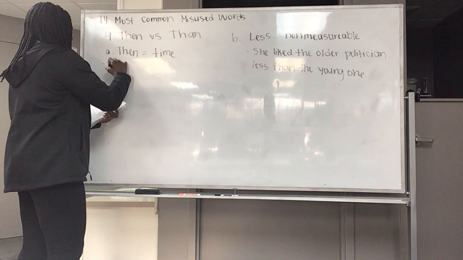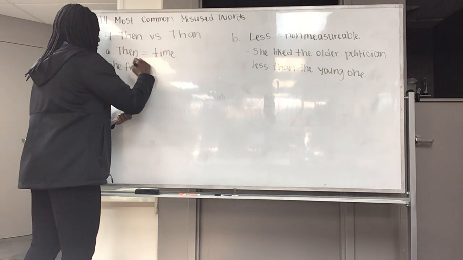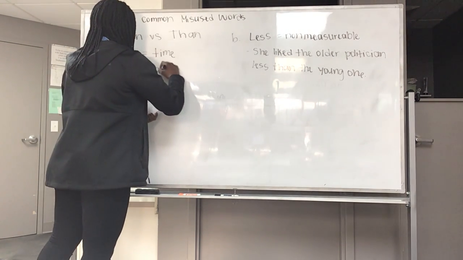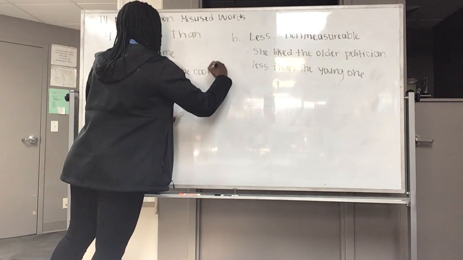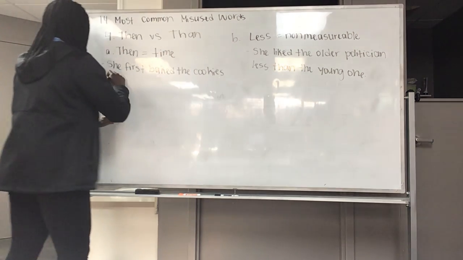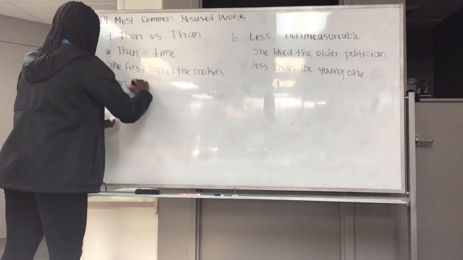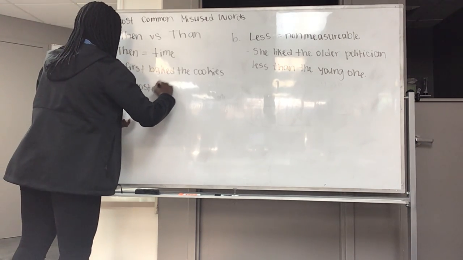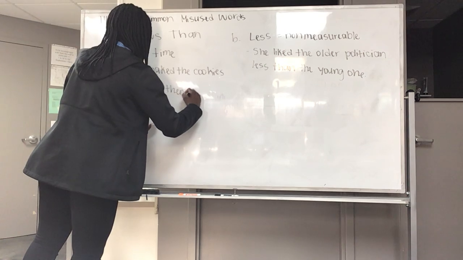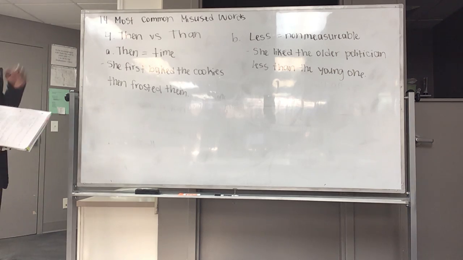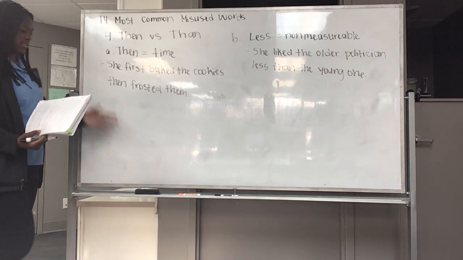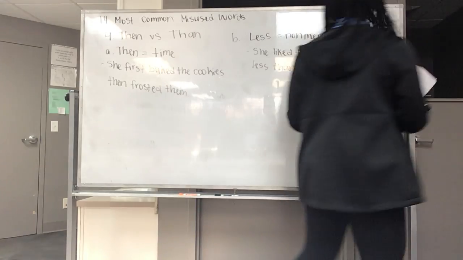So I could say, she first baked the cookies, then frosted them. We're talking about how she baked the cookies, and after that she frosted them. That's in relation to time, what she did first and then what she did next.